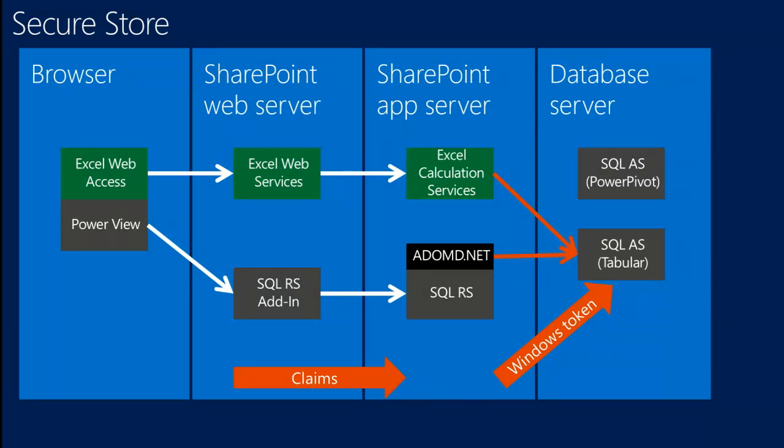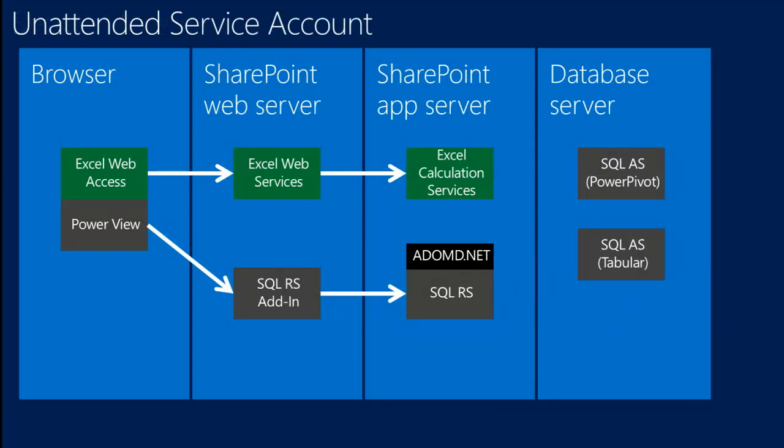Instead, we're going to use the claims to look up in the secure store some credentials that have been stored and granted to that user for use. So we use the claim, we look up in secure store, and we say, as this user, can you give me some credentials that I can use for this particular scenario? Secure store will give us back those credentials if they've been granted to us, and then we can use those to connect to AS.